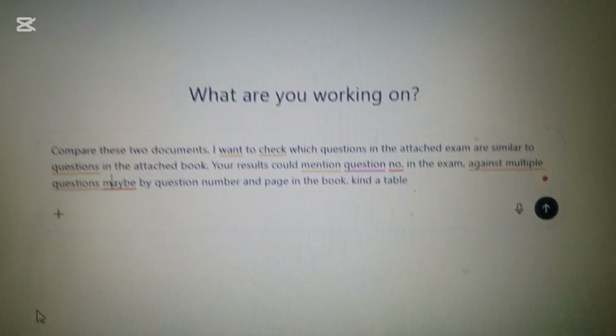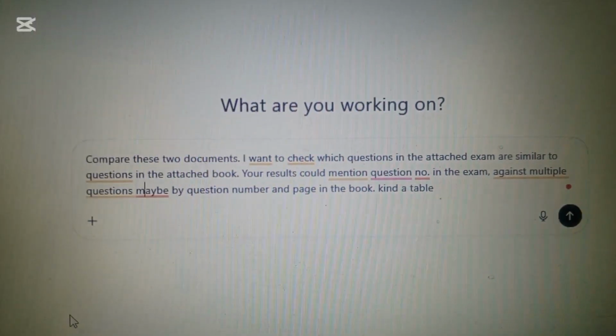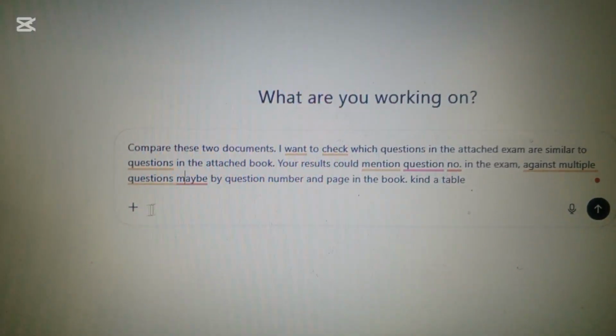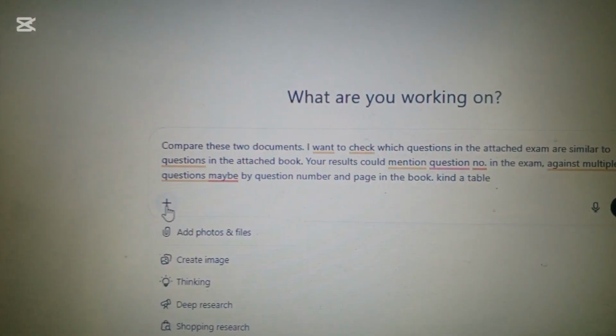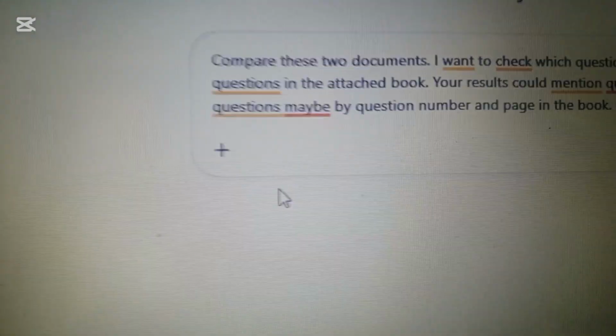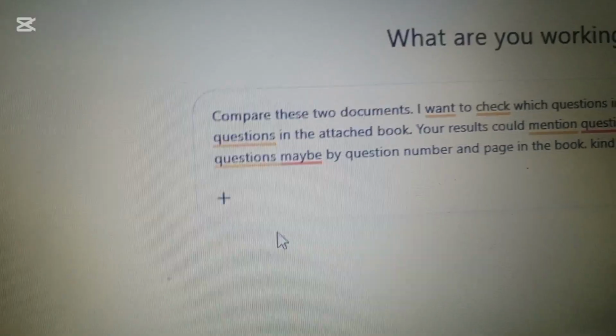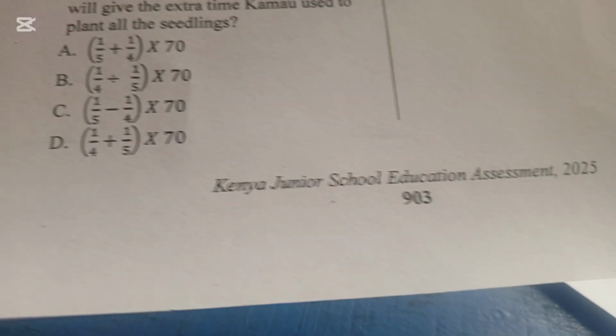Today I am asking AI to compare my book, Excelling KJSEA, against the KJSEA exam that was done in 2025. The mathematics paper is here. So I'm going to attach the 2 files as PDF and see what AI has to say.